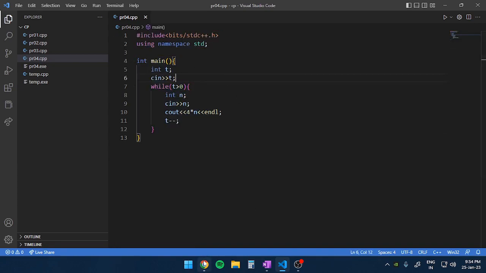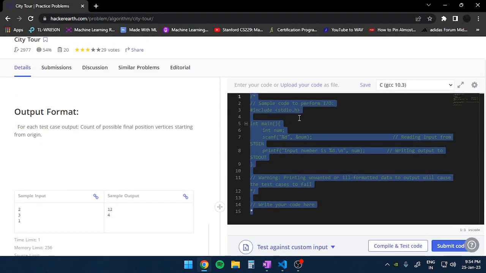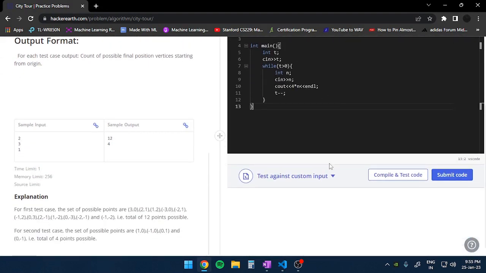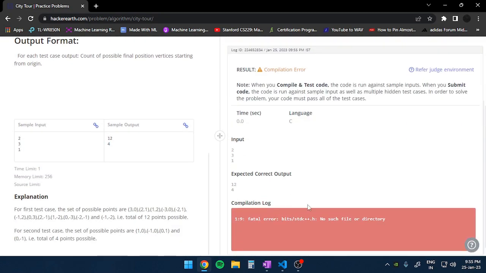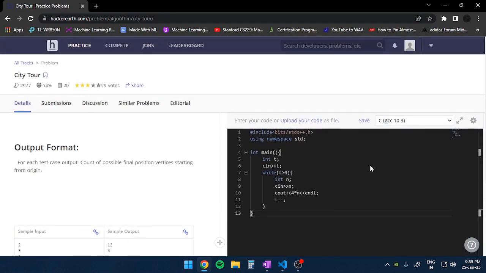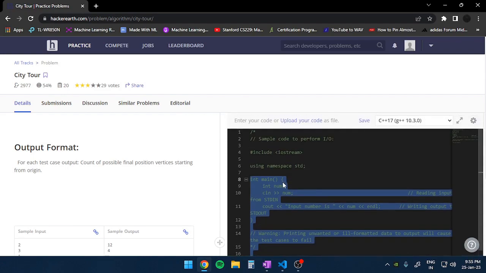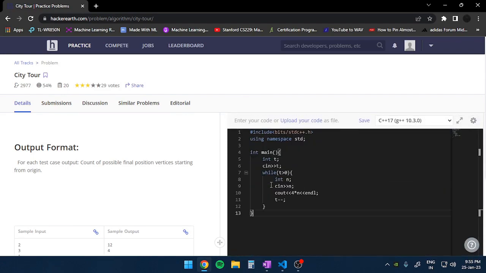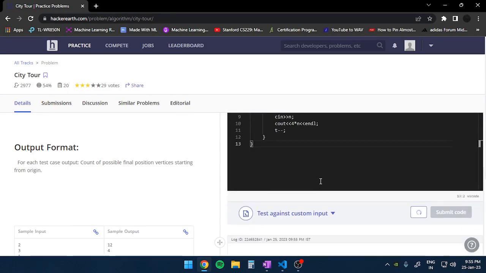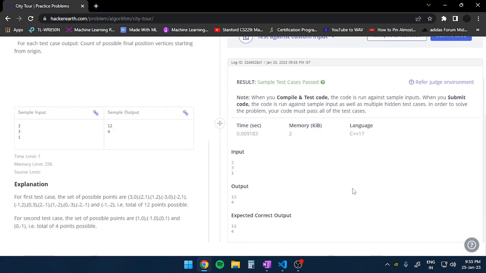Copy this, paste it here. Okay, no such directory. Oh, yeah, sure. There isn't any directory in C. Yep, passed.